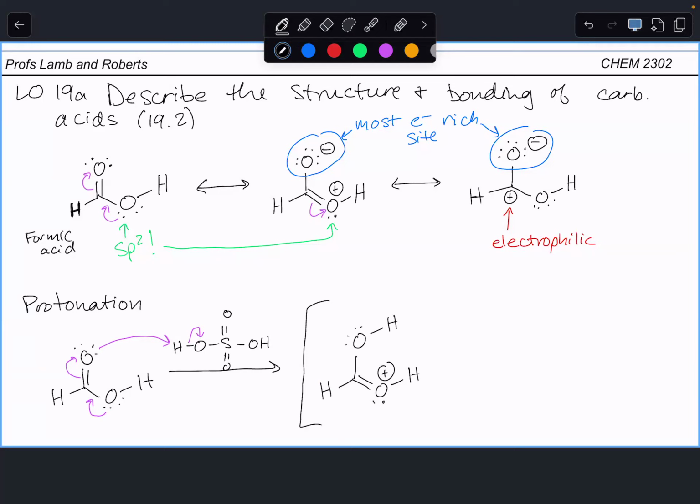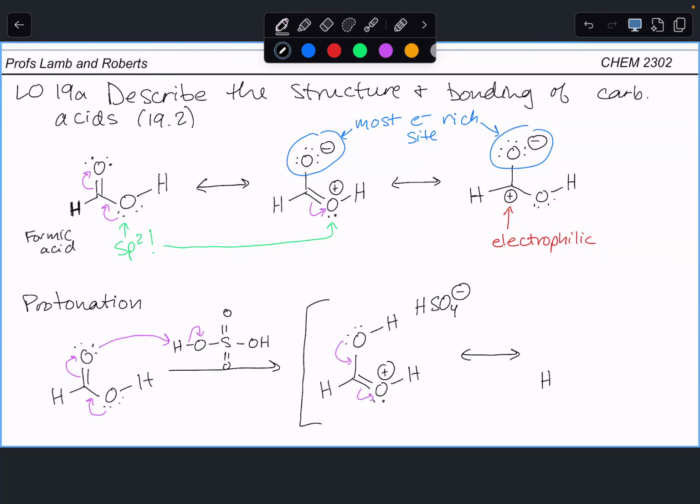And then HSO4 minus is our counter ion. And now we can actually draw two resonance structures of this where we have that positive charge on either of our oxygens.